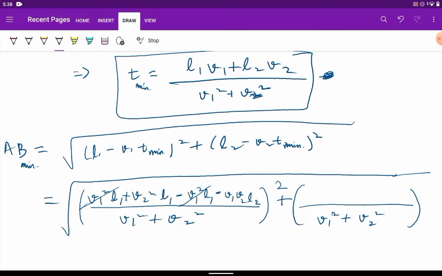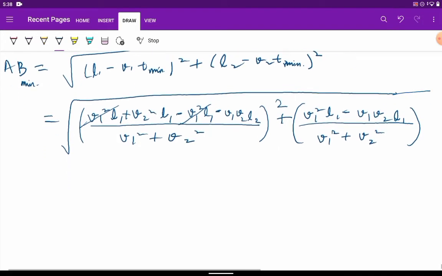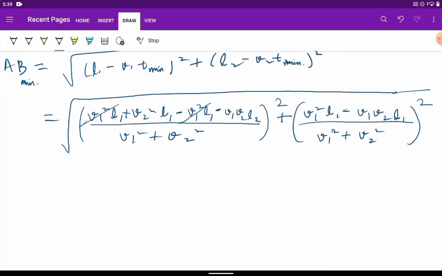Then we would be left with V1 square L1 minus V1 V2 L1. Okay, that's fine.